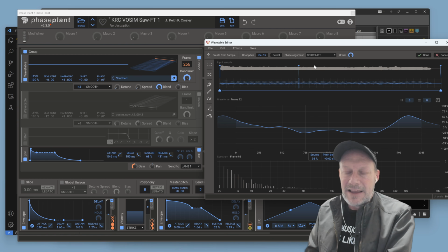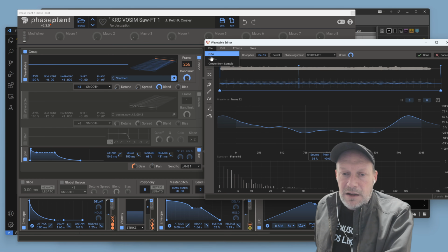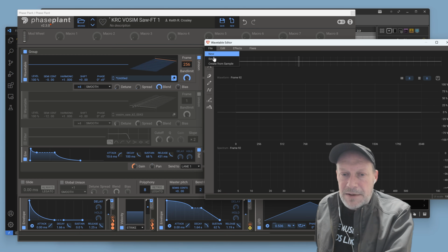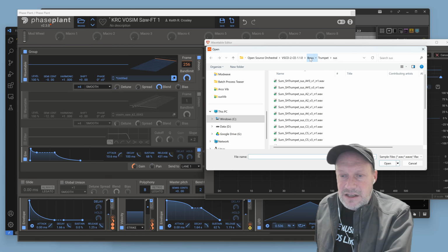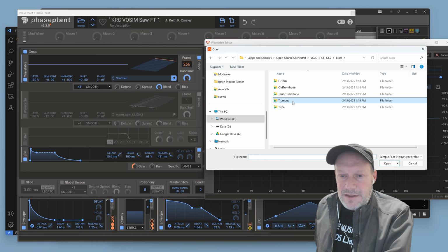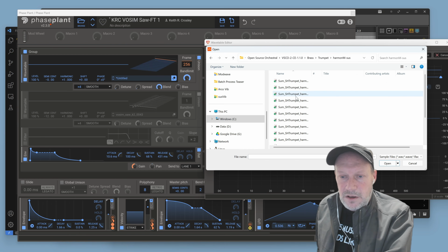Beyond that, this is a one at a time thing, right? We saw that this particular pitch worked better than that other pitch that we picked, and different articulations might work better than others. Let's try maybe the mute. There's a harmon mute and a straight mute. Let's try the harmon mute.